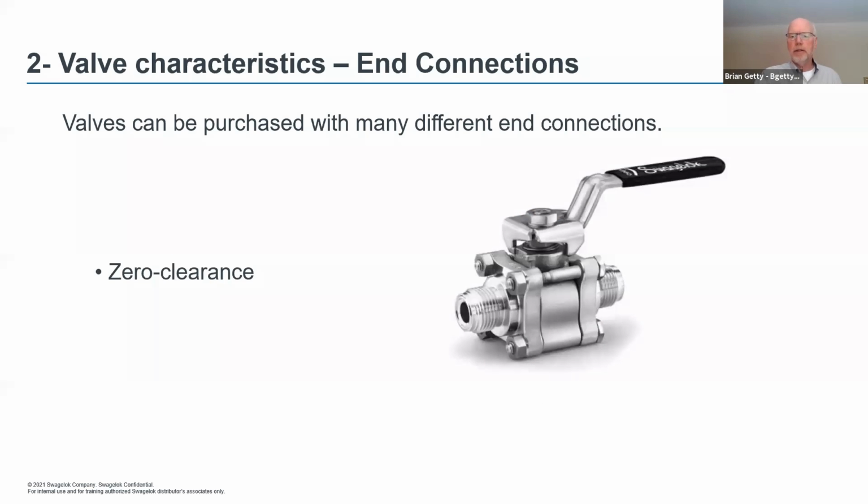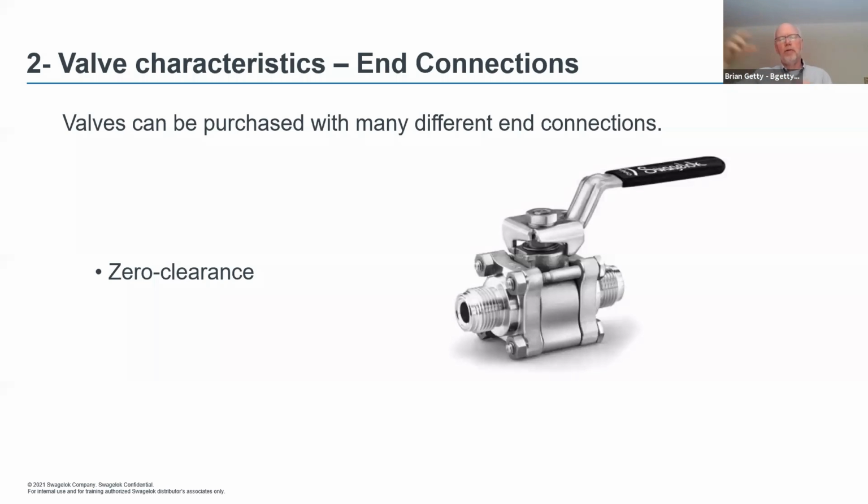Then zero clearance. The beauty of something like this is that a zero clearance fitting requires no space. You do not need to move anything to be able to take a valve out of an application. Because frequently, to remove a ball valve that's been threaded into place, it's not just the ball valve you're going to be removing, you're going to be removing a section of piping to get that one particular valve out of place.